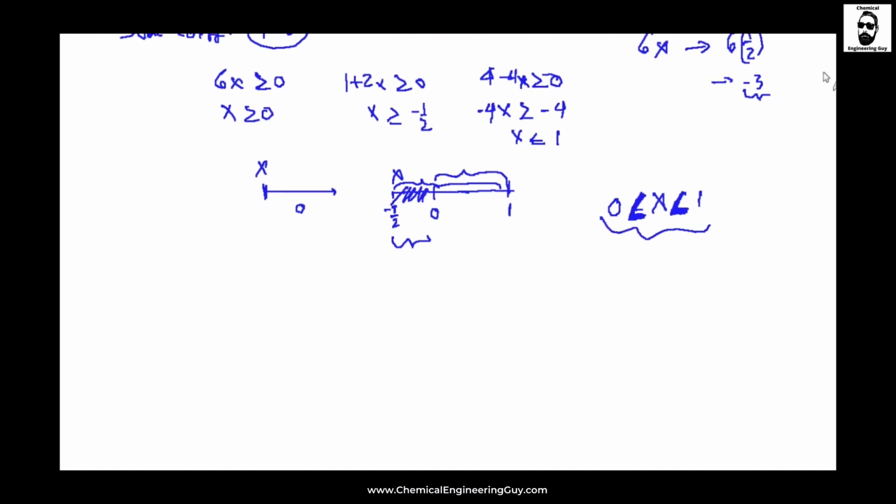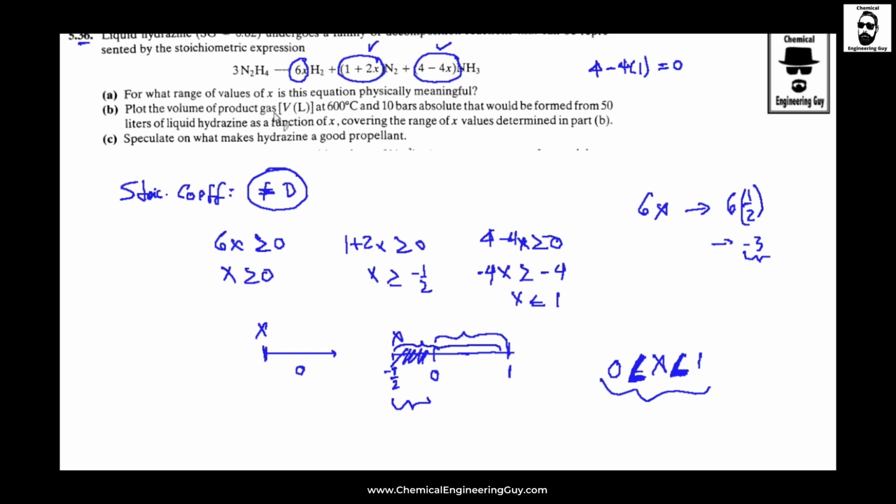This is the range. Now they tell you letter B: plot the volume of product gas at these conditions of pressure and temperature that will be formed when 50 liters of liquid hydrazine turn into hydrogen, nitrogen, and ammonia gas. We have the specific gravity, 0.82 grams per milliliter, and we have 50 liters.